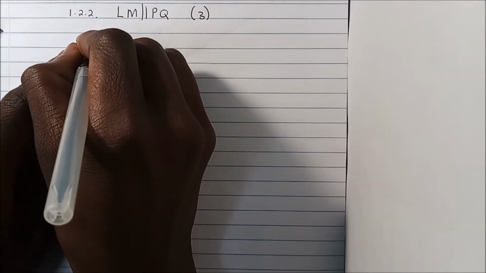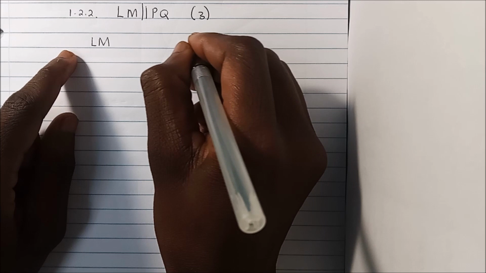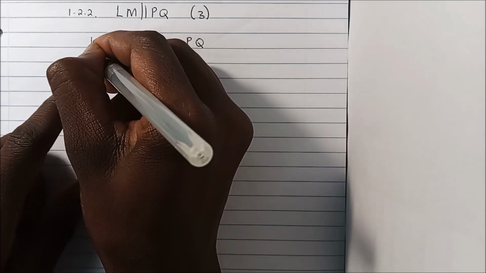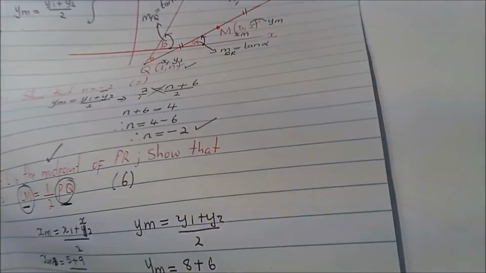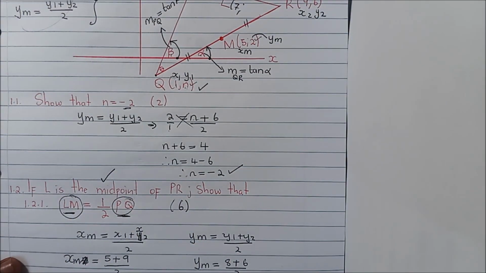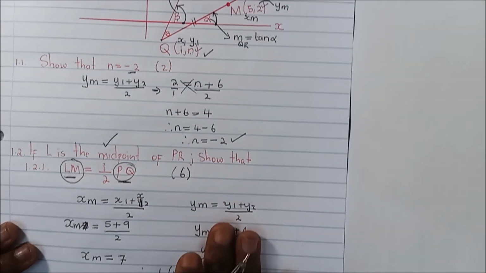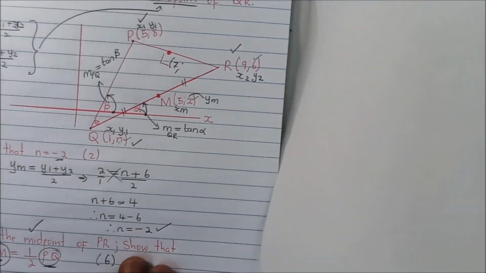So we will find the gradient of LM on that side, and then find the gradient of PQ on that side. Now we have the coordinates of L. Going back to the sketch, the coordinates of L, as you can see here, were (7, 7). So let's substitute.